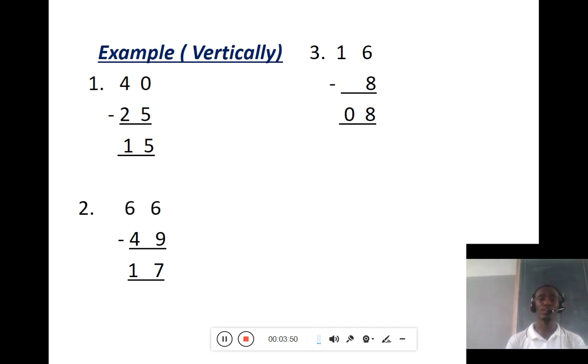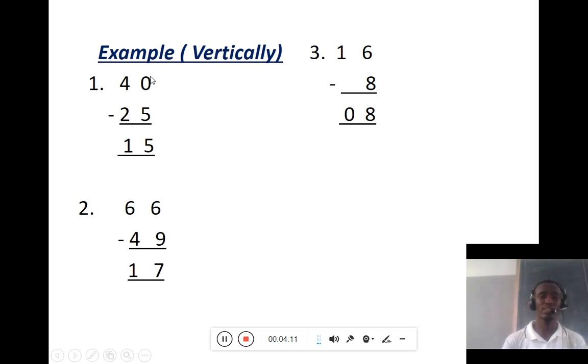Okay, now let's see a few examples here. Although we are not drawing the balls here, by using the lesson of the previous time we can know how to get this one. Our first one is 40 minus 25. 40 minus 25.